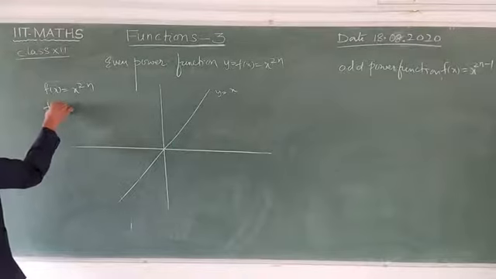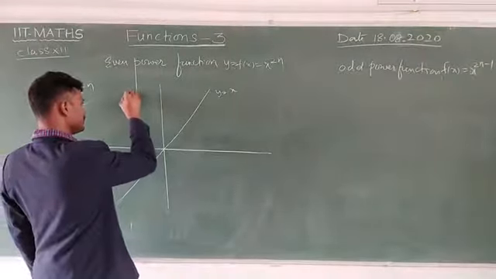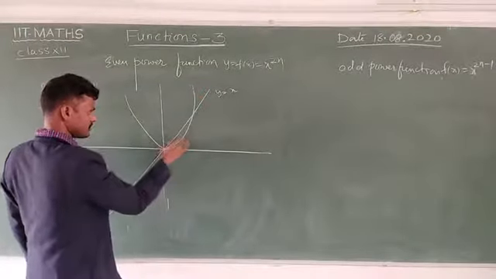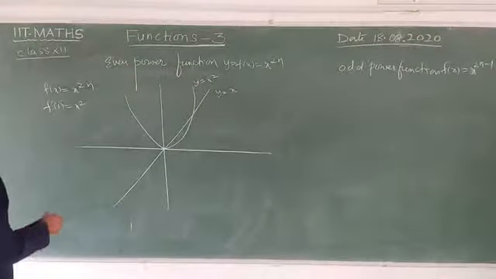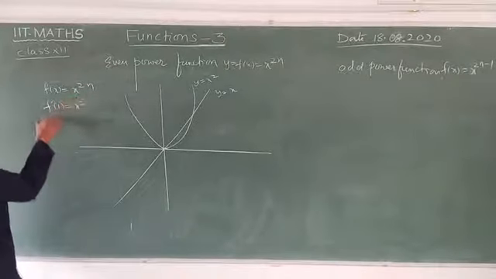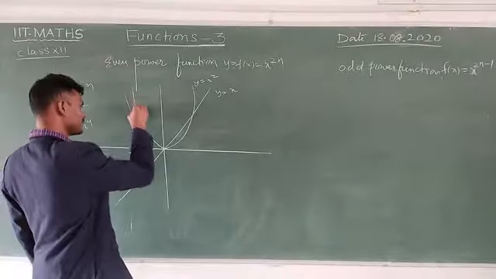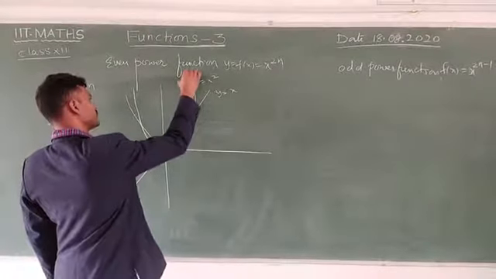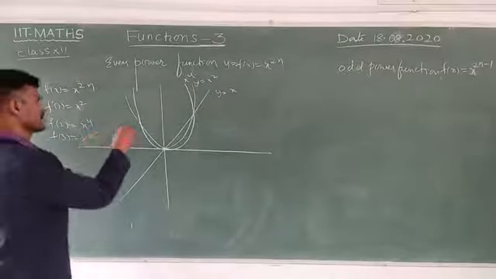Now f of 1 means x square, so y is equal to x square. f of 2 means x to the power of 4, and this is the graph of x to the power of 4. Next f of 3 means x power 6.